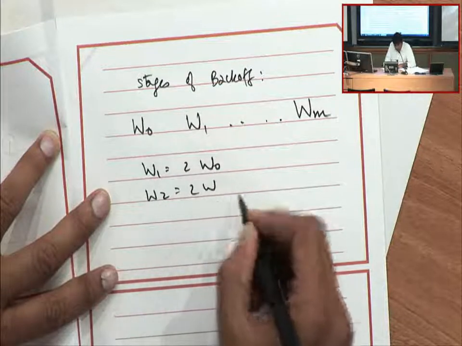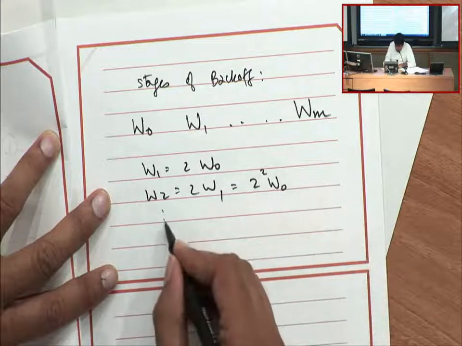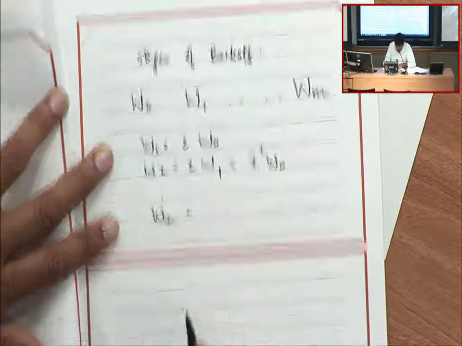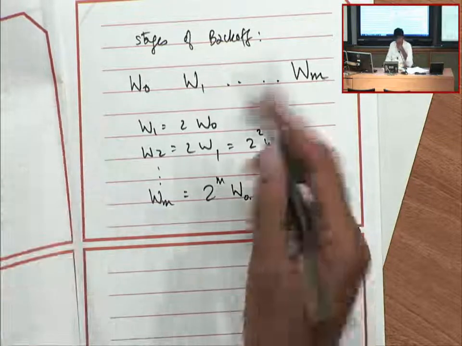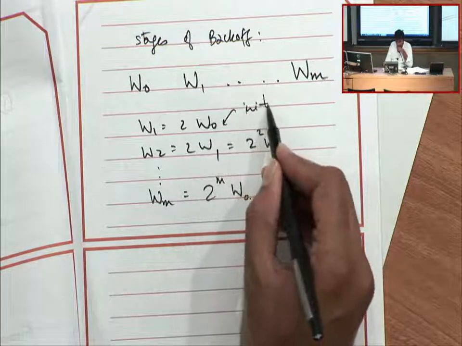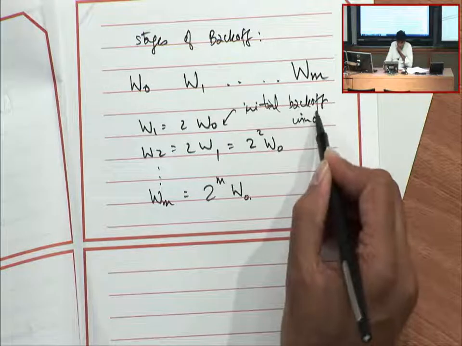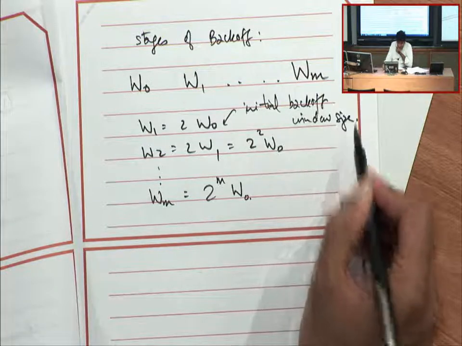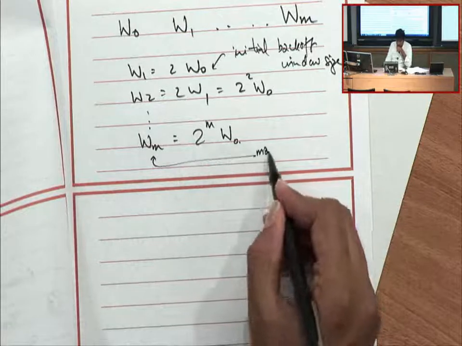W2 is 2 times W1, which is 2 to the 2, W0, and so on. It'll just be 2 to the M, W0. Right? So each time you keep doubling. W0 is called the initial back-off window. And this is the maximum.